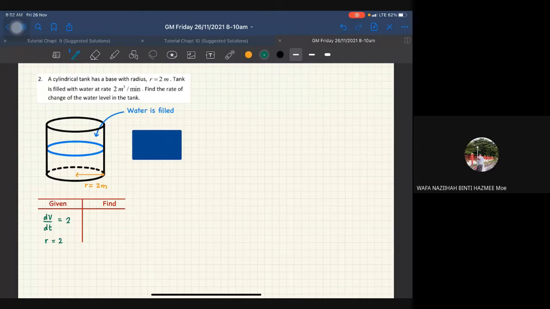You need to understand the situation, you need to understand the figure lah kiranya. Okay, so awak lukis satu figure yang boleh bantu awak bayangkan. So awak catat dekat situ what are the given information and what do you need to find here. Okay, so this is the first step.